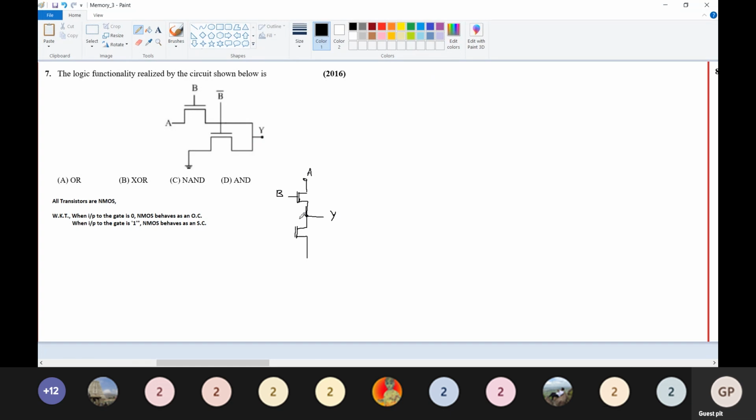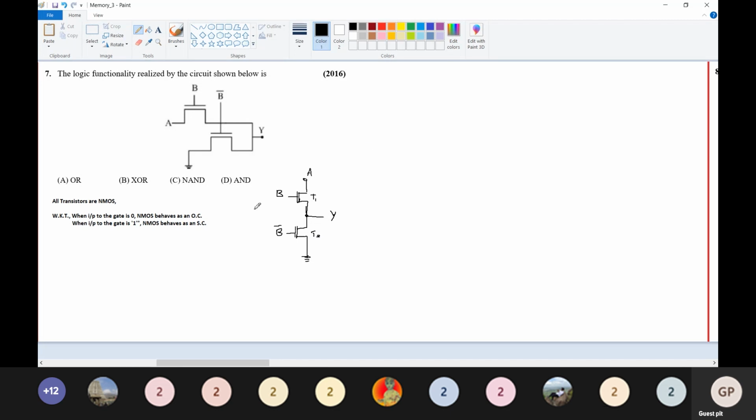And output Y. So this is transistor T1 and this is transistor T2. Fine.